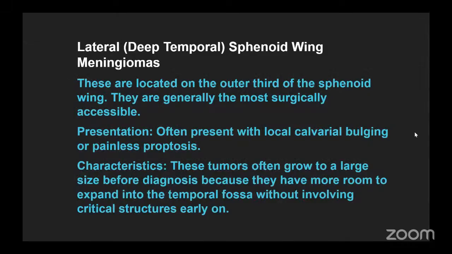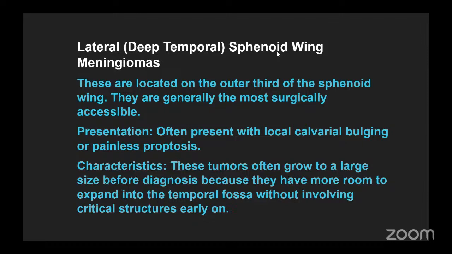So, lateral meningiomas are located on the outer third. Presentation is often with calvarial bulging. We did that. Painless proptosis can be a typical presentation. The problem with these lesions is that since they are far away from the more critical neurovascular structures, they often end up presenting very late.